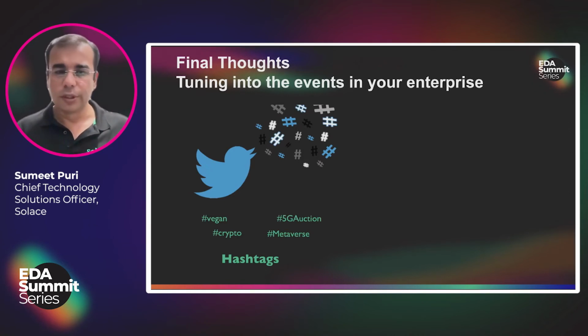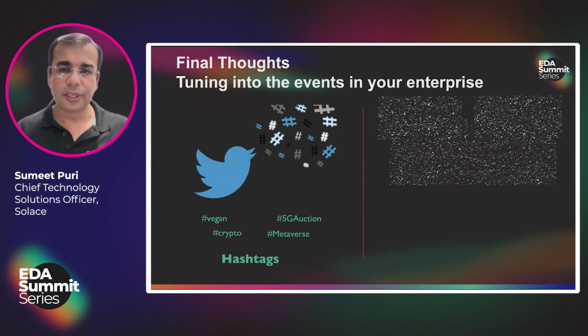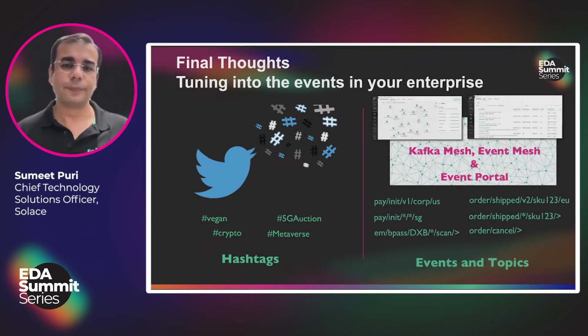What do we do if we want to do the same thing for the enterprise? It's the same concept, just that these hashtags have now been transformed to topics. And these could be Kafka topics, or these could be MQTT style or AMQP style topics, because the Kafka mesh speaks both Kafka and non-Kafka protocols.